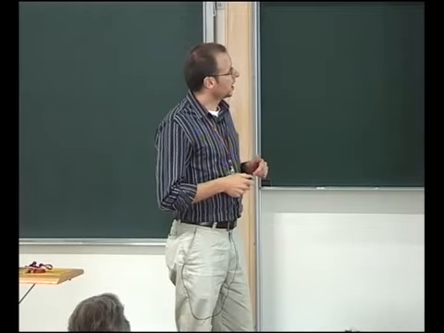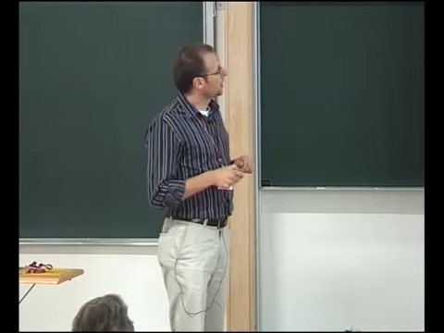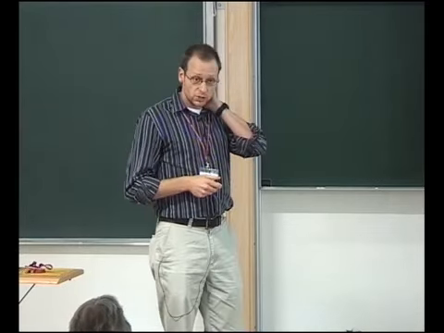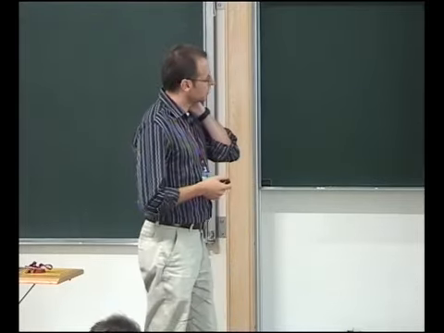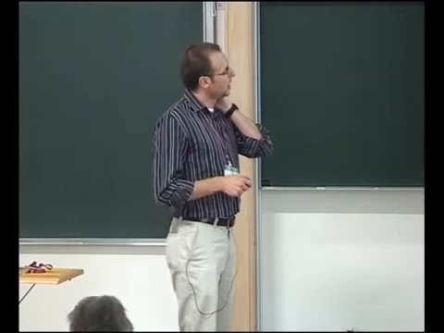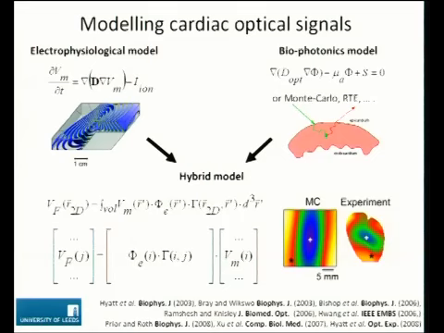Basically, this will tell you how excitation light propagates and gets scattered in tissue, and how fluorescence is scattered back out of tissue, and how you can detect it. Then you combine those two under the assumption, first of all, that a voltage-sensitive dye responds linearly to a change in transmembrane potential, which is a reasonably valid assumption. What you do is perform a spatial integration, a convolution of your 3D distribution of membrane potential in space with an optical weight of each voxel.